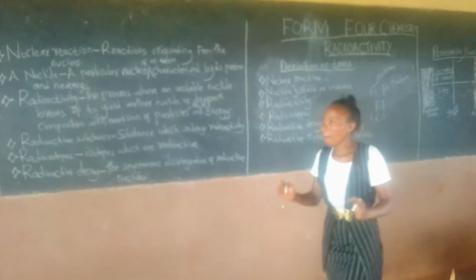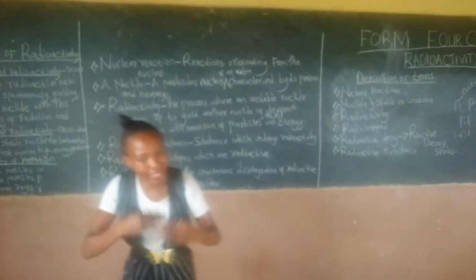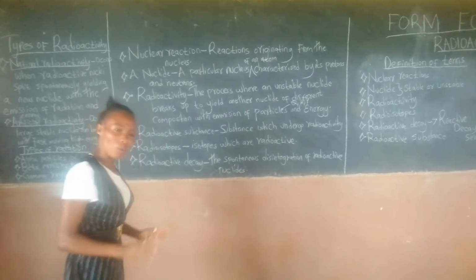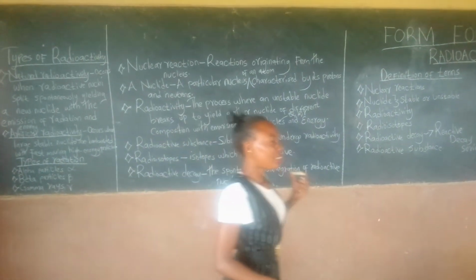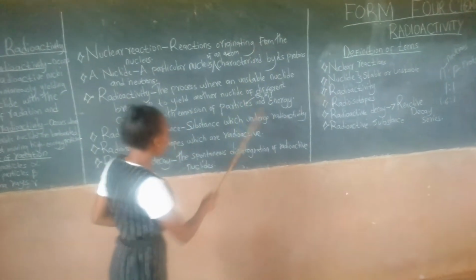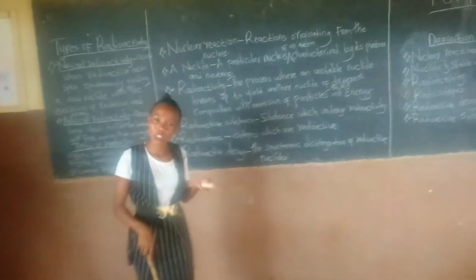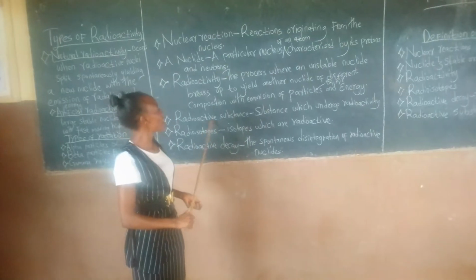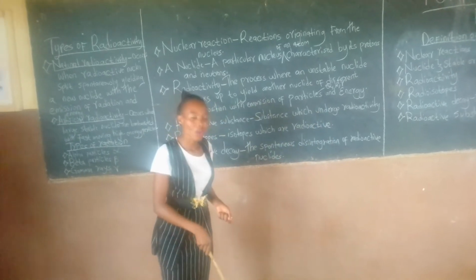It is the process where an unstable nucleus is breaking up to yield another nucleus of different composition, but it will emit particles and energy. When we say that a substance is radioactive, a radioactive substance is a substance which undergoes radioactivity.